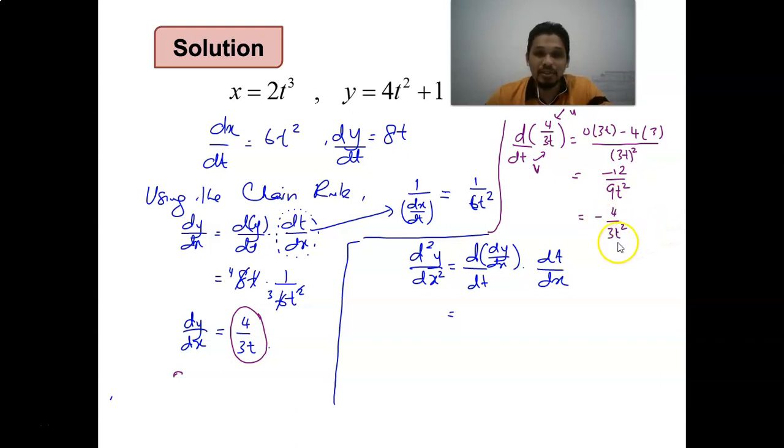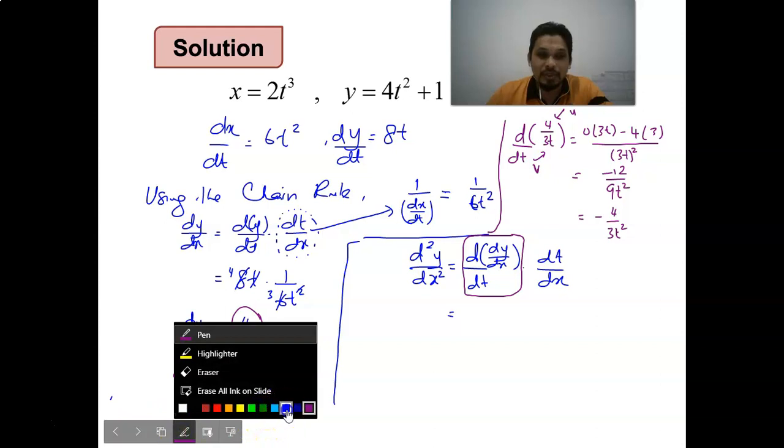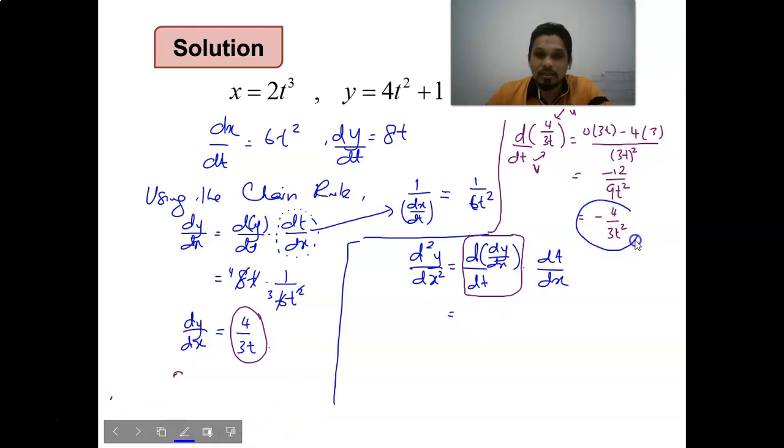Okay, so this is the result of differentiating dy dx with respect to t for this one here. In that case, we are going to substitute this here, which is negative 4 divided by 3t squared multiplied with dt dx.